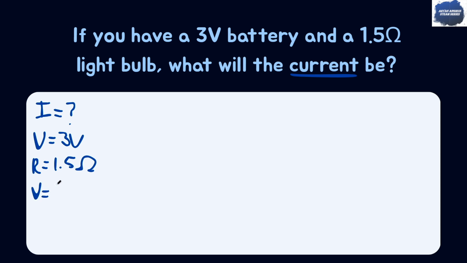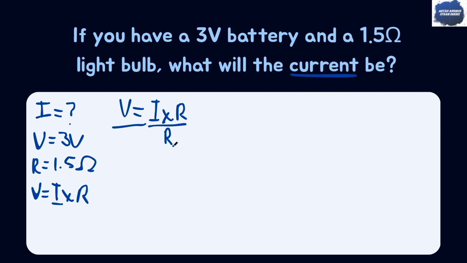V equals I times R. Now, as you can see, we are trying to find current and not voltage. So let's rewrite this up here. Voltage is equal to I times R. So since we're trying to find current, we divide everything by resistance.